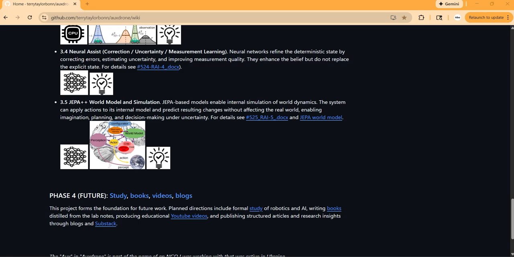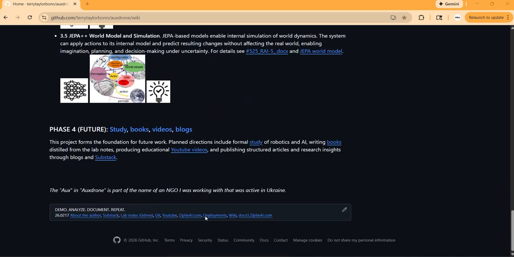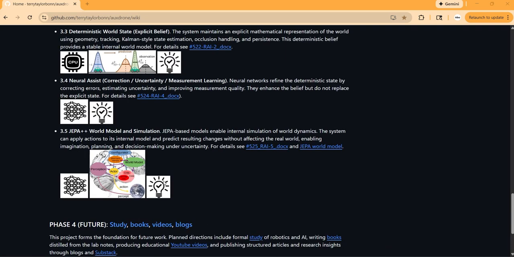So the project so far has been a good foundation for future work. My planned directions in the future: formal robotics and AI study, writing books based on the lab notes. There are a very large number of lab notes.